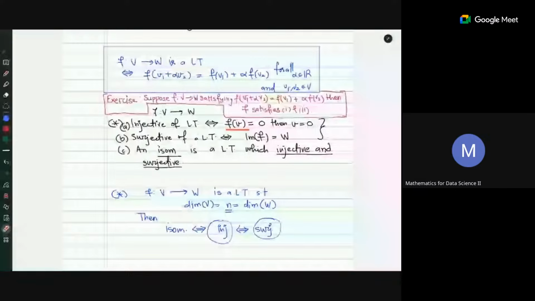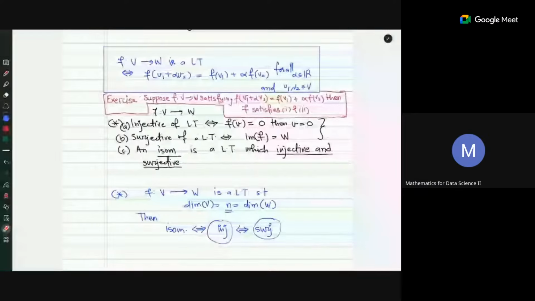So what does injective mean? Injective means that each point in the domain has a unique image in the codomain. No two points in the domain can map to the same image in the codomain.